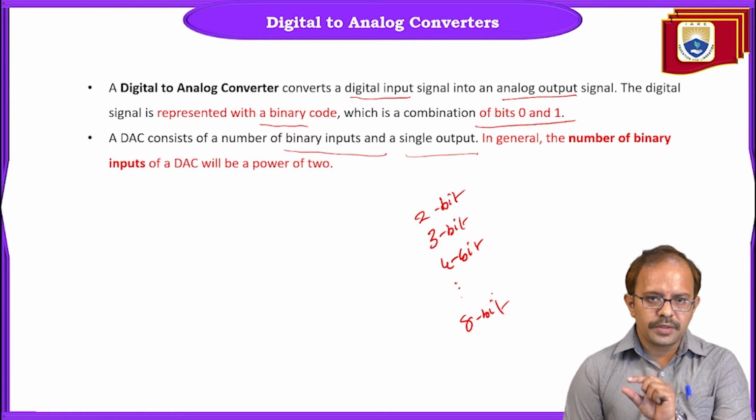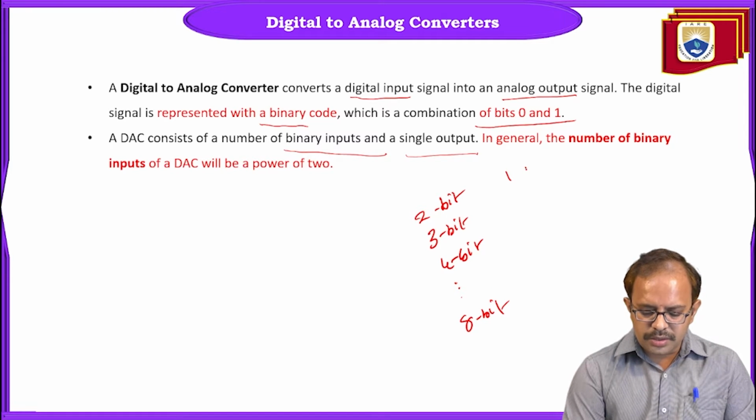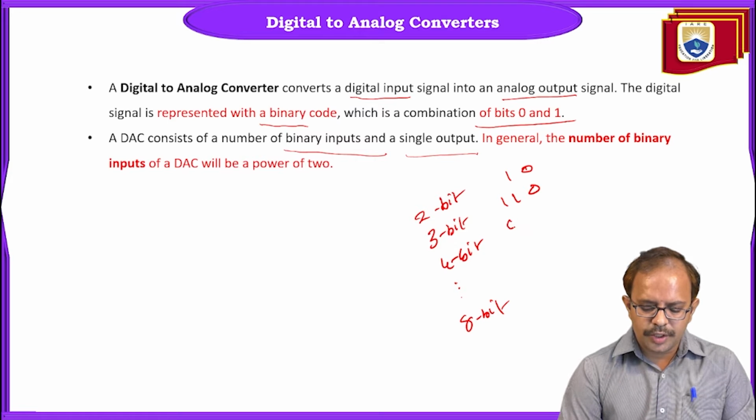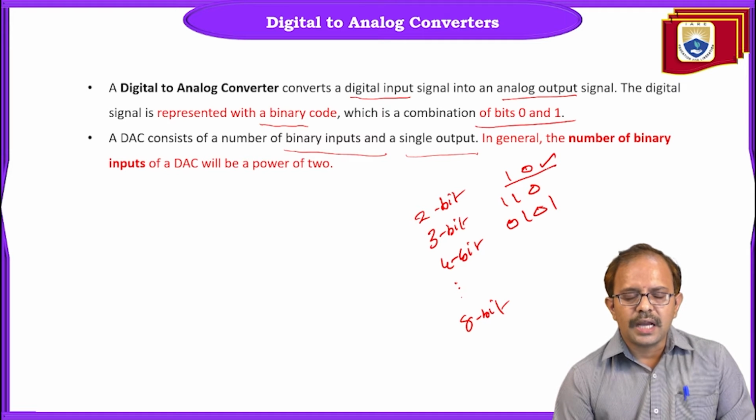So that means we are going to consider the entire sequence of the data. It can be 1 0. If it is a 3-bit data, for example, we can say 110. If the data is going to be a 4-bit data, this complete data is considered to generate the analog output.